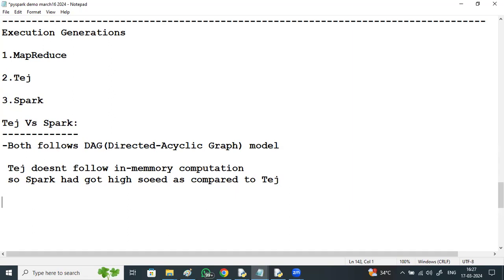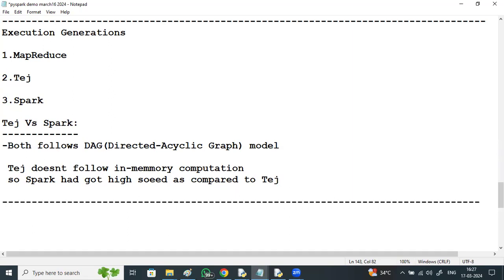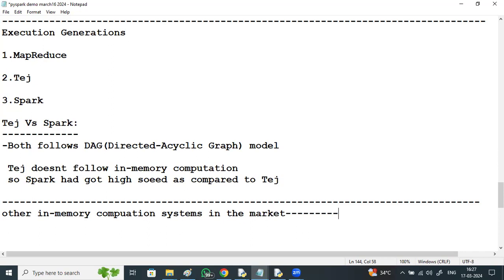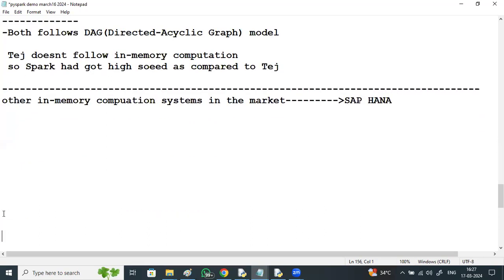Now comparing, what are the other in-memory computation systems in the market? SAP HANA. SAP HANA is also an in-memory computing system.